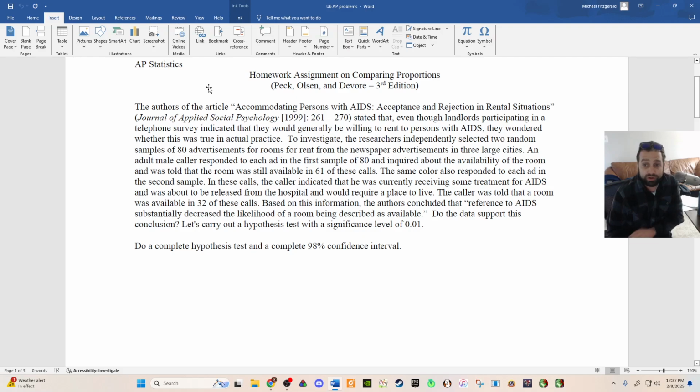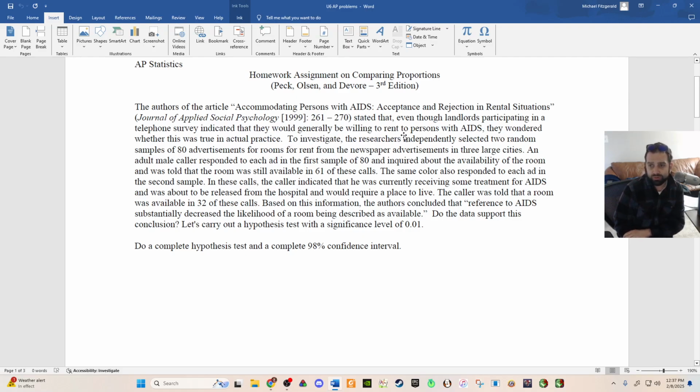The first one: the authors of the article, "Accommodating Persons with AIDS: Acceptance and Rejection in Rental Situations," stated that even though landlords participating in a telephone survey indicated that they would generally be willing to rent to persons with AIDS, they wondered whether this was true in actual practice.